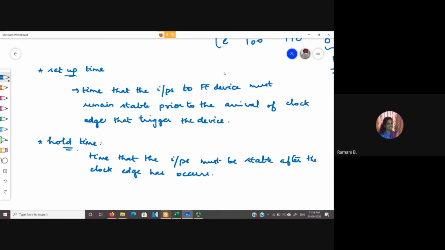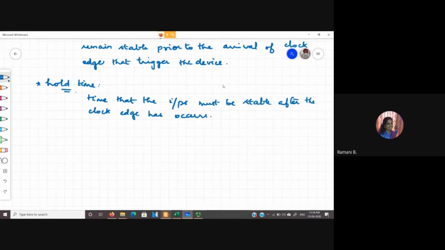This means once you receive the clock edge, the input should be stable for some more time. Immediately once the clock edge has arrived, if the input changes, then you will have confusion with the output. So that we call the hold time.